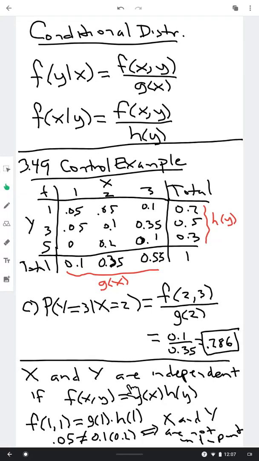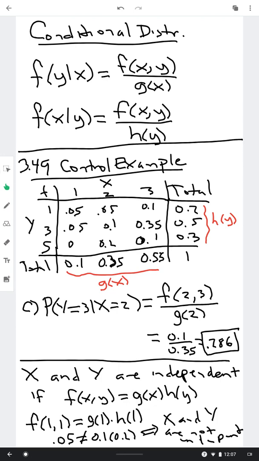If even one was not equal, then I would have to say that X and Y are not independent. So I was very lucky that the first one I did, f of 1, 1, where X is 1 and Y is 1, was not equal, so I could automatically say that X and Y are not independent. But if every possible combination had my joint equal to the product of my marginal distributions, then I would say that X and Y are indeed independent.